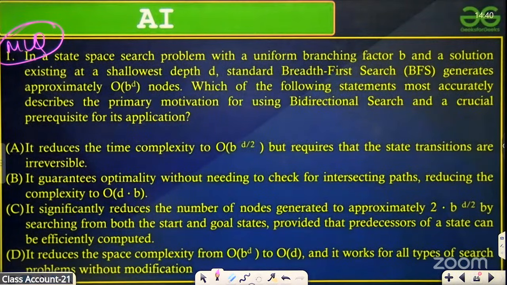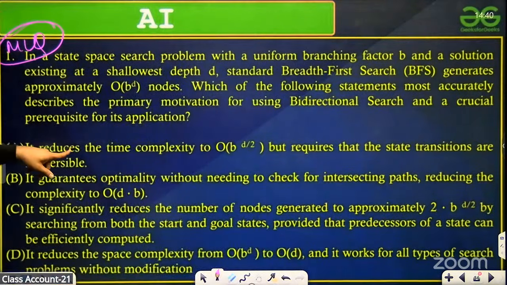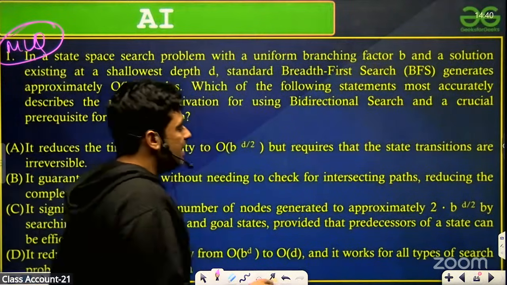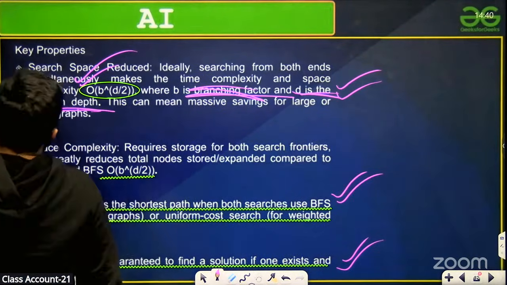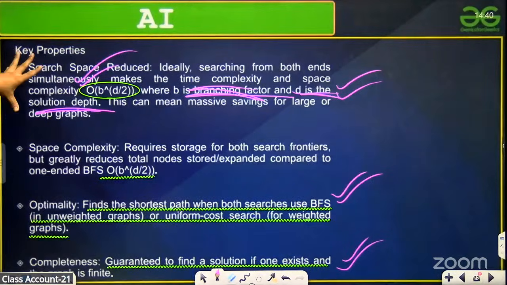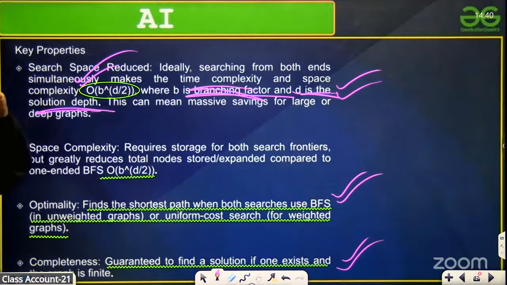So what is the answer? If you see the answer here, the space complexity is reduced. But there is nothing given about the time complexity, so you can't judge regarding the time complexity.